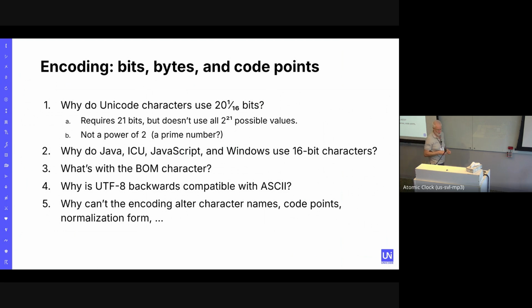And so that's why we have the character names and the code points. Normalization forms: we have a mechanism in Unicode where you can have a U with an umlaut as a single composite form, or we can have a U with a separate combining umlaut character. And that umlaut character could be combined with an X or Q or a Z or a thorn or any one of these wild characters.